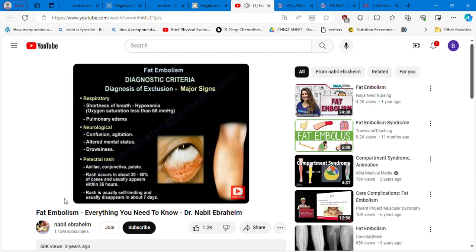There are some diagnostic criteria established for fat embolism, and it is really a diagnosis of exclusion. So you need to have one of these major signs: respiratory, shortness of breath, hypoxemia, the oxygen saturation less than 60 millimeter mercury, pulmonary edema; the neurological, confusion, agitation, altered mental status, drowsiness; petechial rash, axilla, conjunctiva, palate.